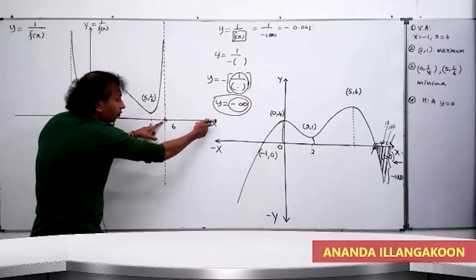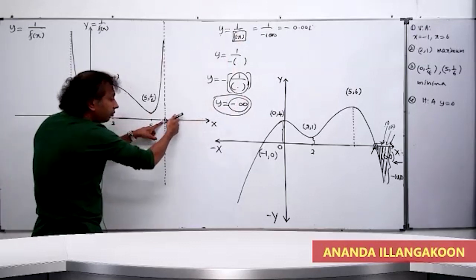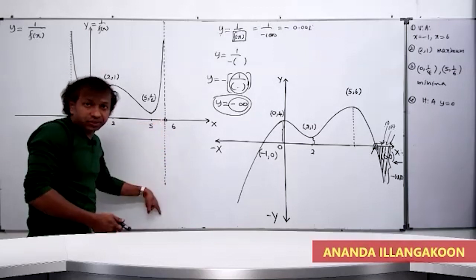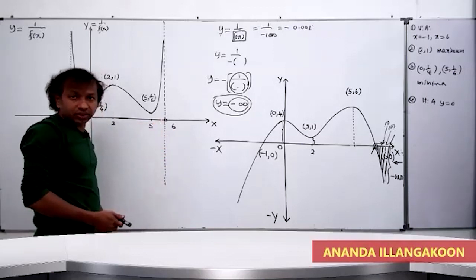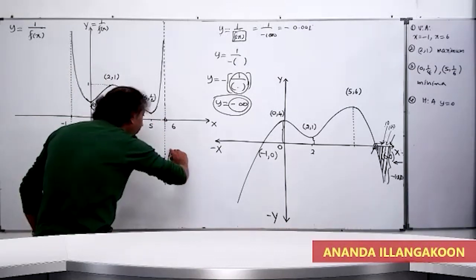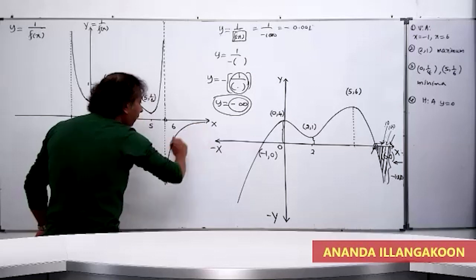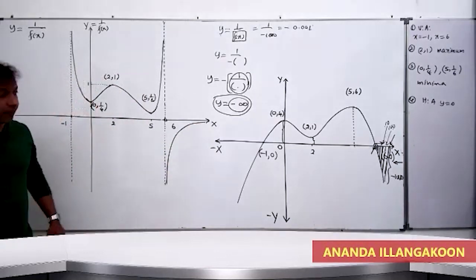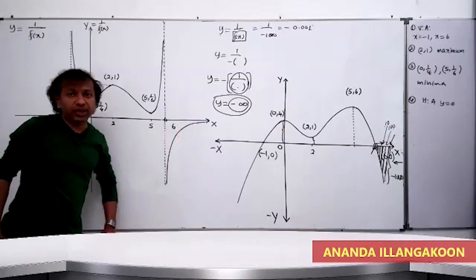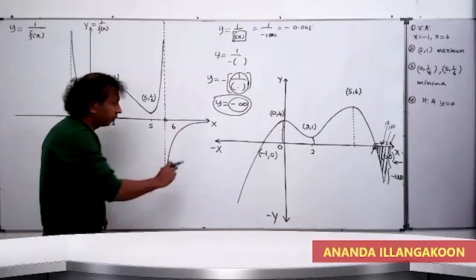That means when we come this way, people, the y coordinate of this graph should go to minus infinity, in this sense. Understand? So therefore the graph should start this way, no? We draw that like this because at y equals 0, there is a horizontal asymptote.